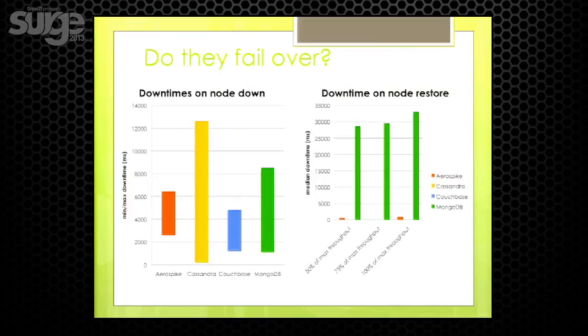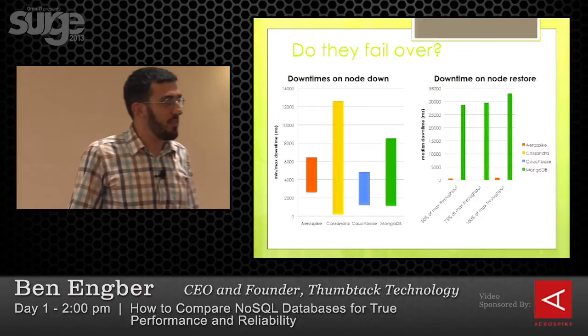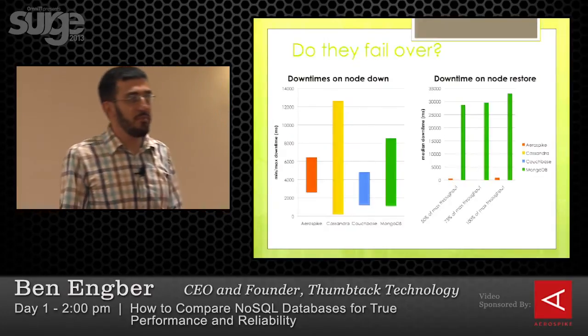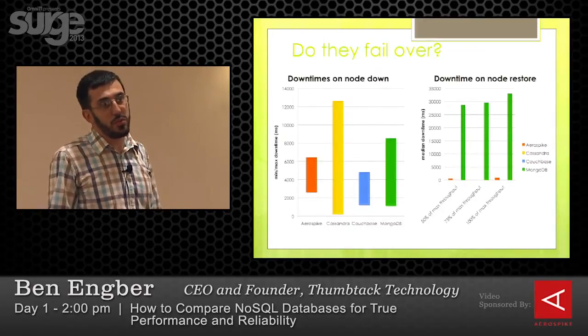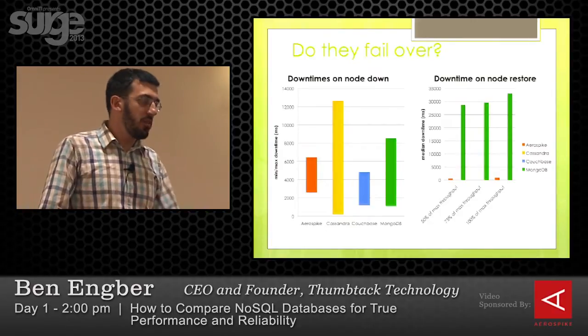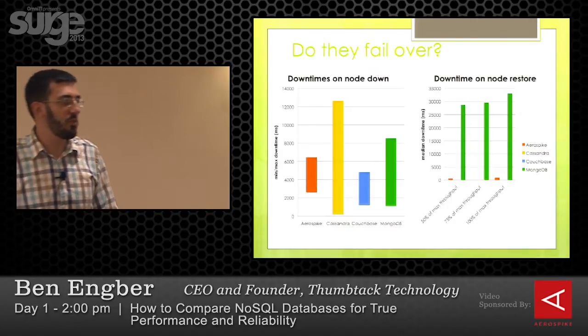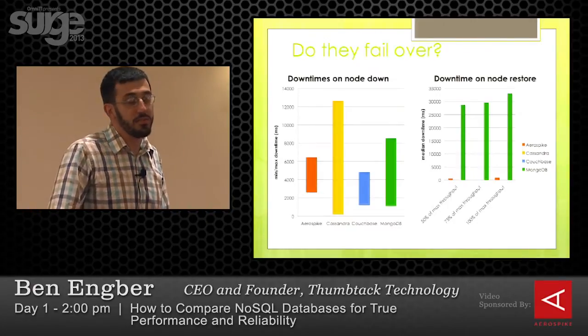All right. What does this mean overall? Well, the good news is that all of these systems are able to function in the face of failure. All of these systems did recover exactly like they're supposed to, and we tried a lot of different ways to mess them up. Of course, a lab is a lab, and I'm sure production will find a way to really mess them up that we couldn't think of.